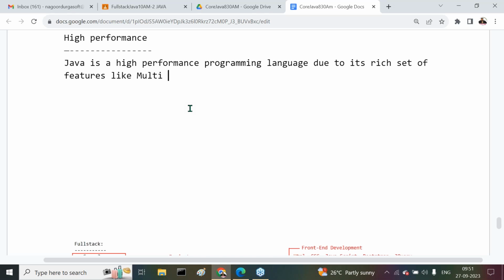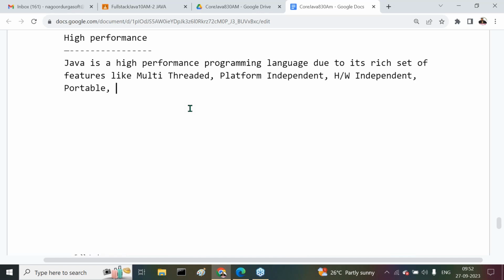One is multi-threaded, next one is platform independent, hardware independent, portable, robust, dynamic, and so on. Of course, secure, and so on. Due to these measures, we can conclude that Java is a high performance programming language.